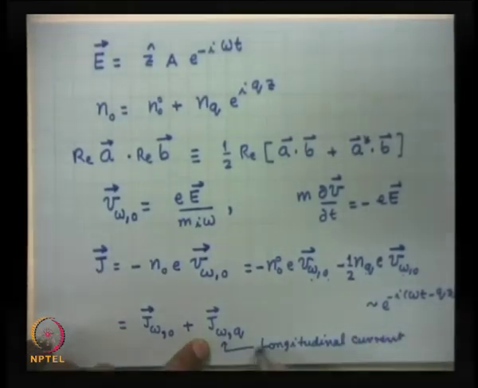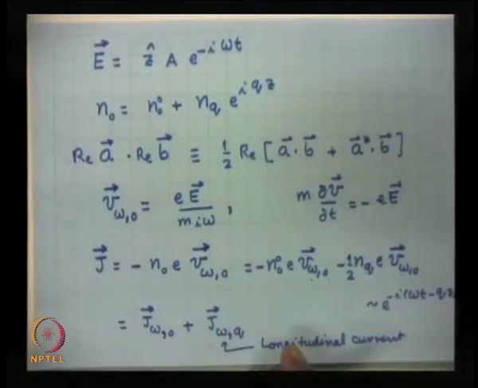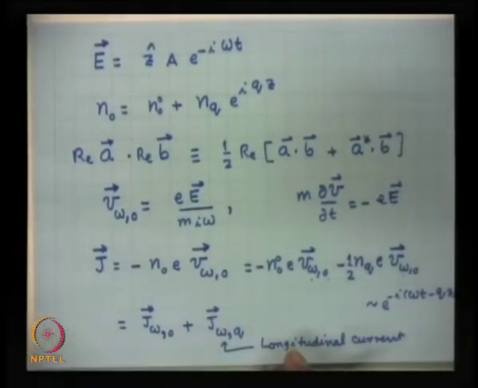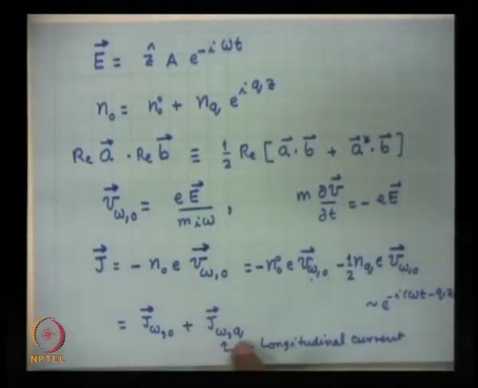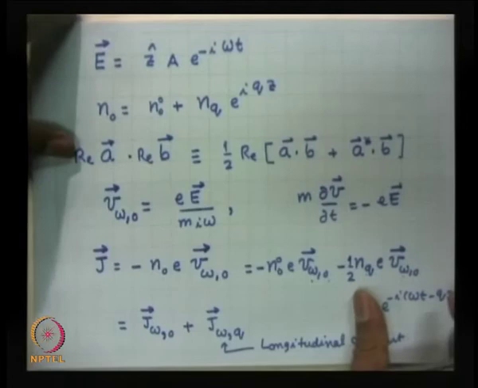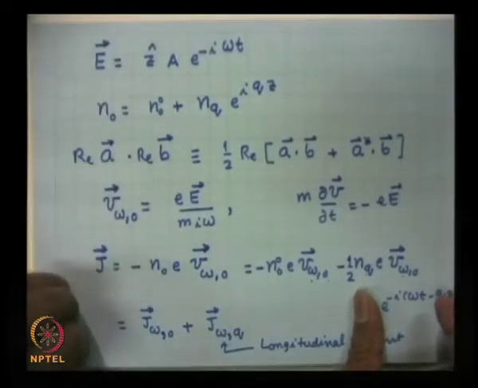Whenever you produce a longitudinal current, it will give rise to density oscillations at omega frequency and q wave vector. So, let me calculate the density oscillations at omega frequency and q wave vector.